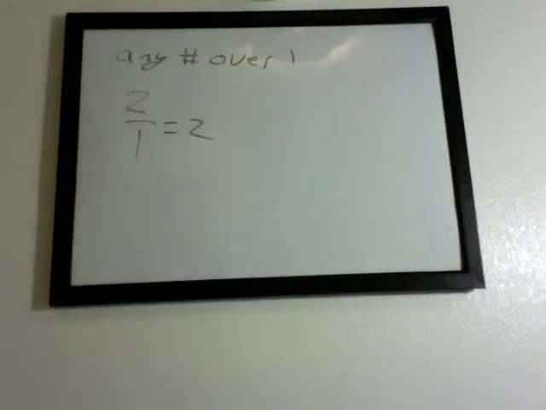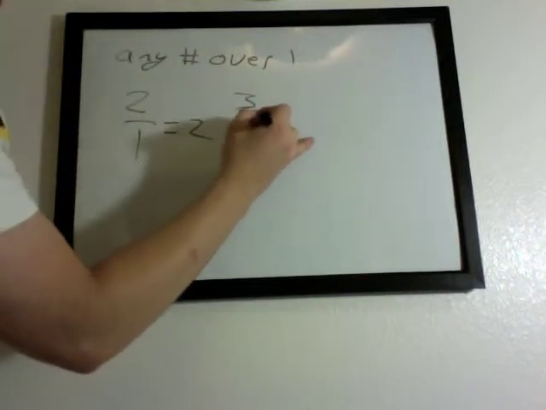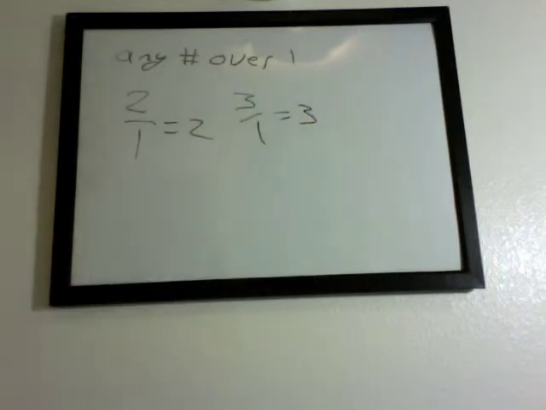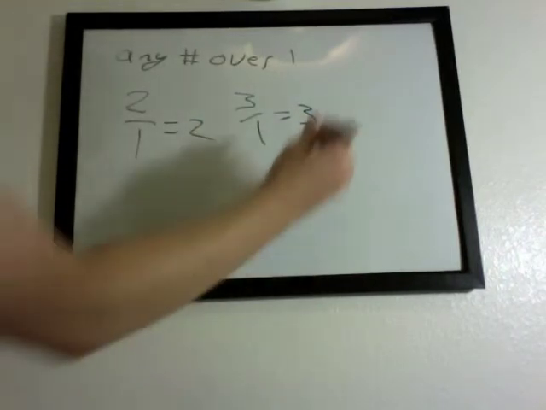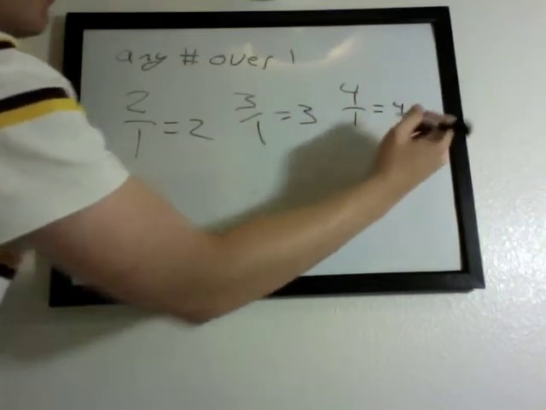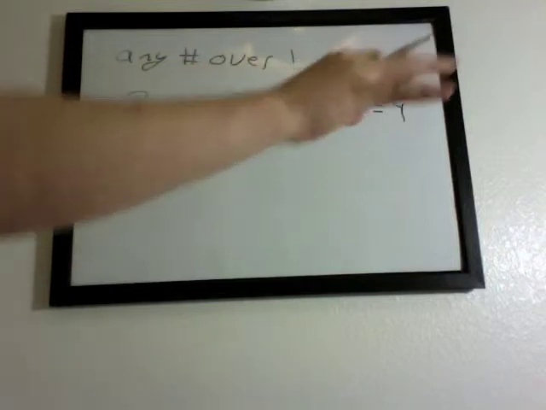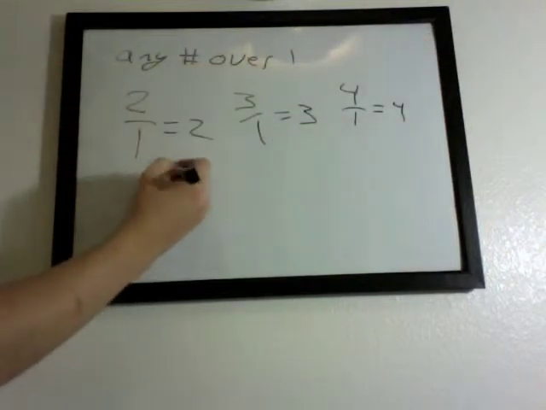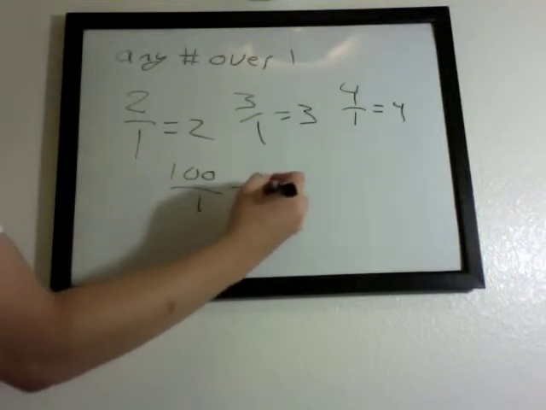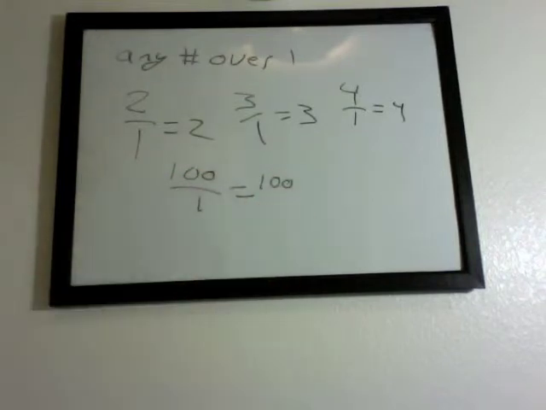Another example would be 3 over 1. That would equal 3. Another example would be 4 over 1 would equal 4. You can do this with any whole number. So 100 over 1 would equal 100.